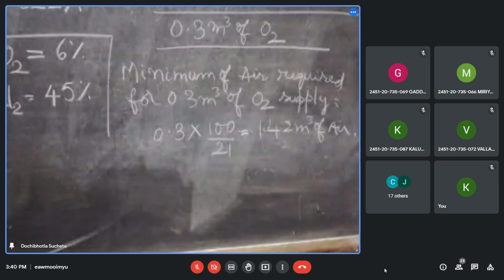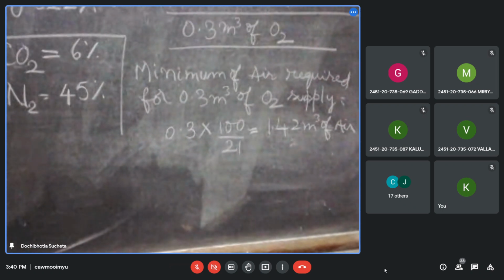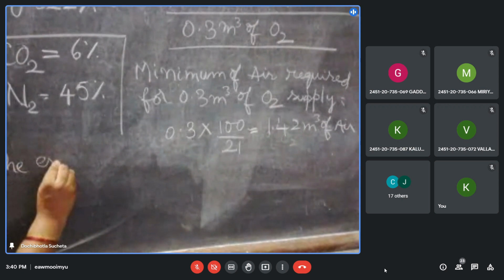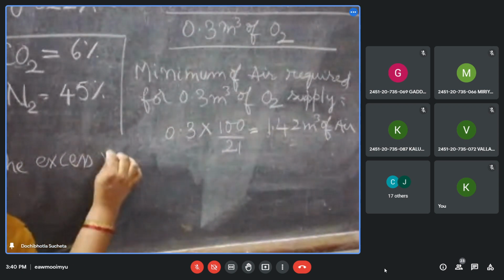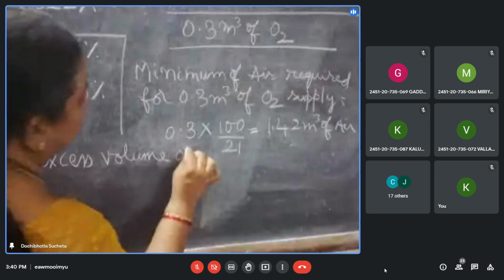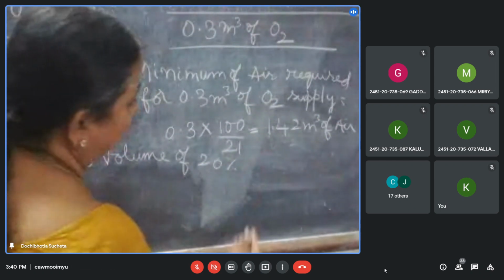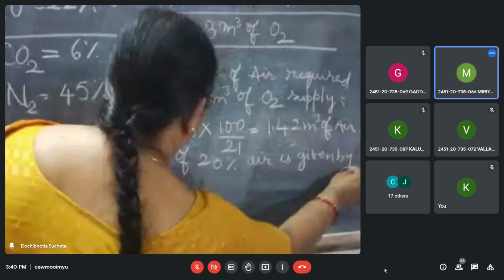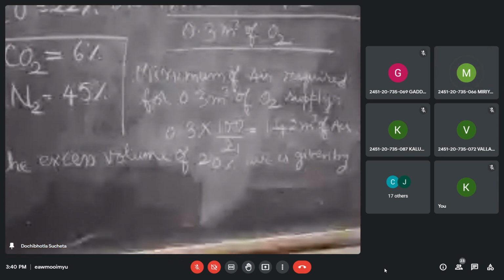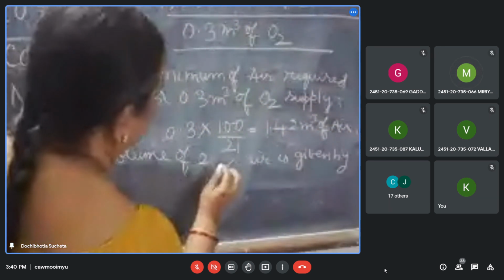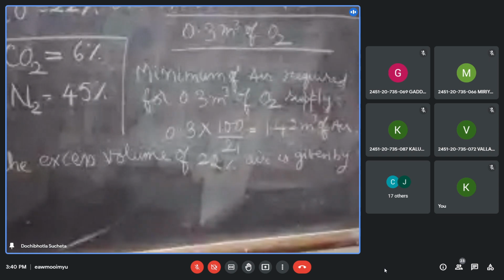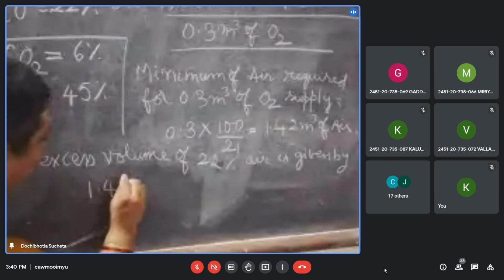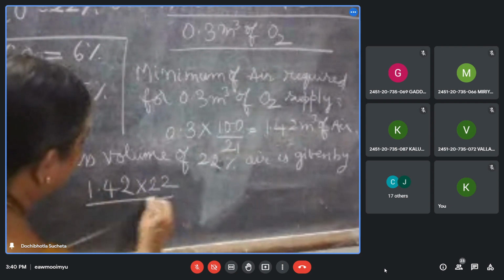The excess volume of air is given by 22% of 1.42, that is 1.42 into 22 divided by 100.